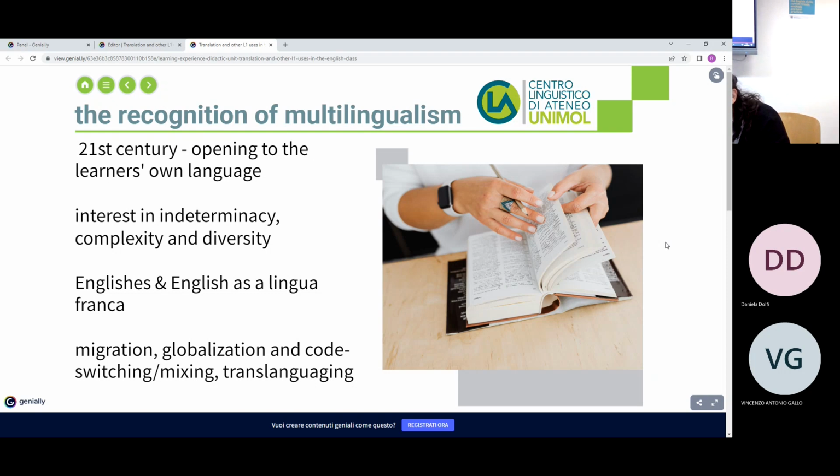So different Englishes. Can you give me some examples of Englishes? Qualcuno che sa darmi qualche esempio? The English spoken at school is different from English which you speak, for example, in a work environment. Okay, business English. Schools. Okay. But also English from different countries.